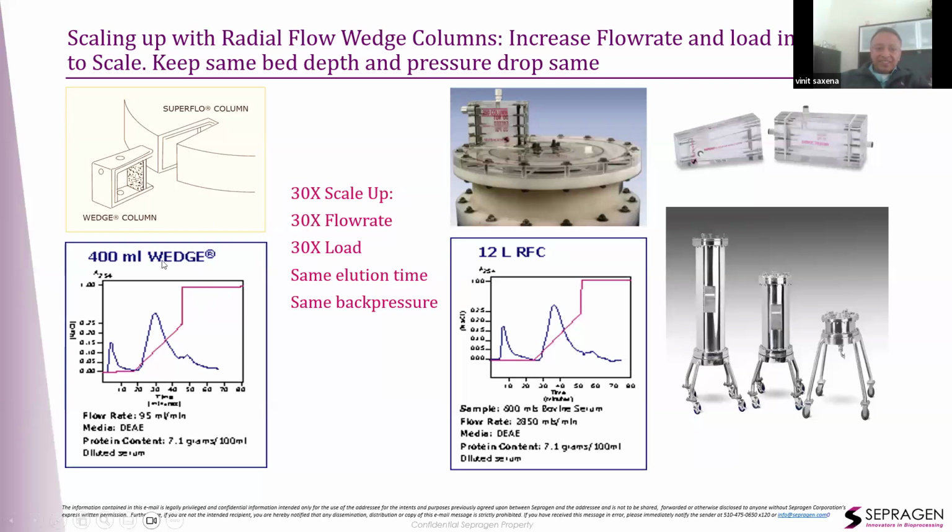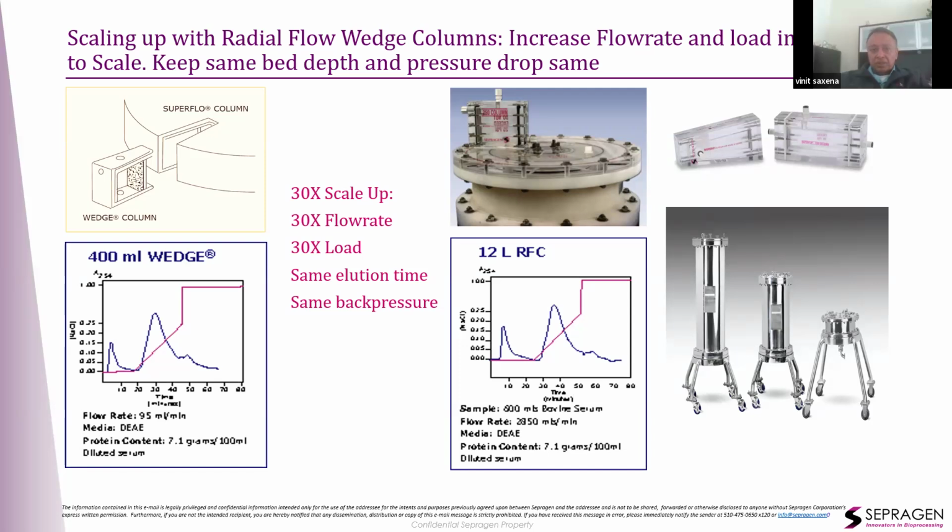But here's the separation done on a 400 mil wedge column, scaled up to a 12-liter radial flow column. You can see separation times, the elution profile, virtually identical. So from these little wedge columns, we have a 5 mil wedge column as well, all the way to these large radial flow columns, seamless one-step integration and scalability.